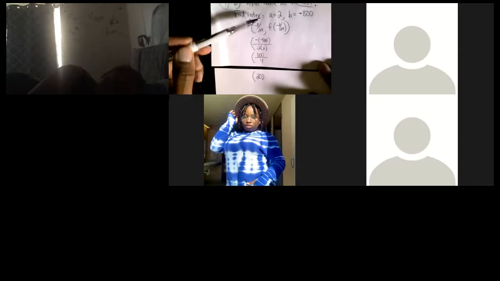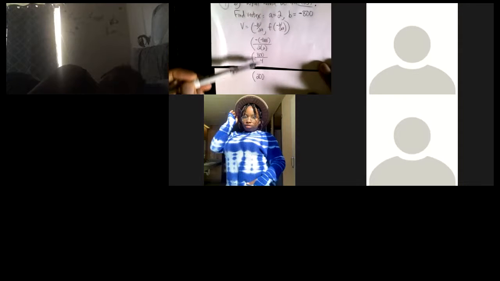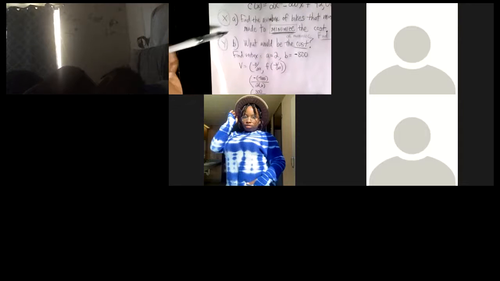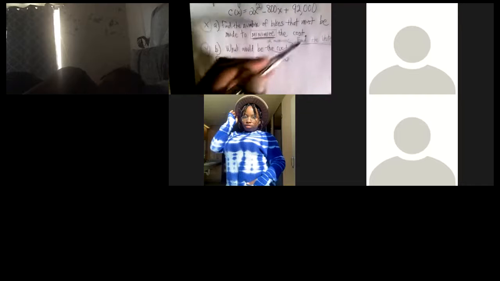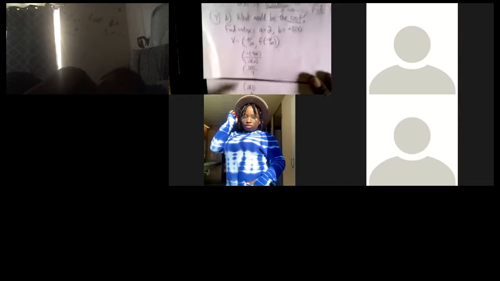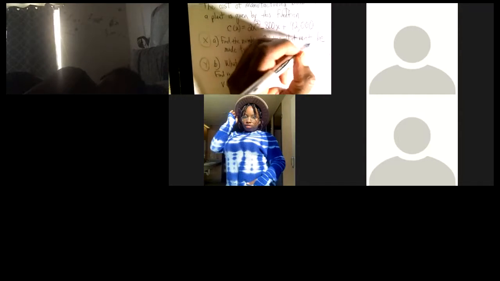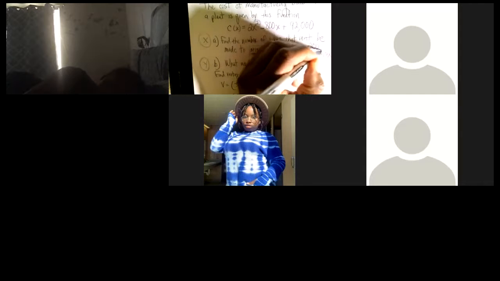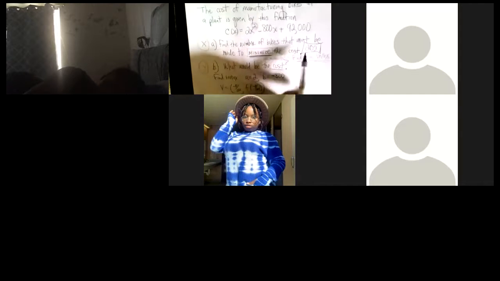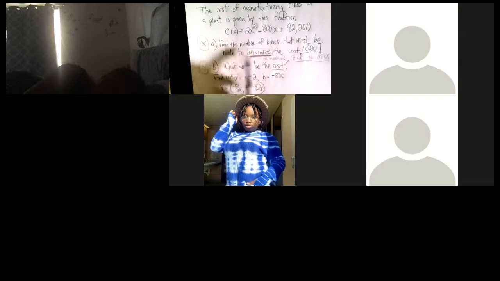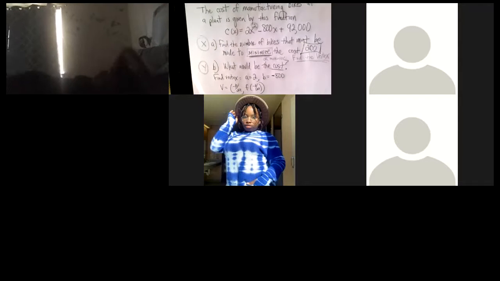When you find the x part of the vertex, that answers the part about the number of bikes that must be made. So I'm going to put 200 here, because that is the number of bikes that must be made to minimize the cost.